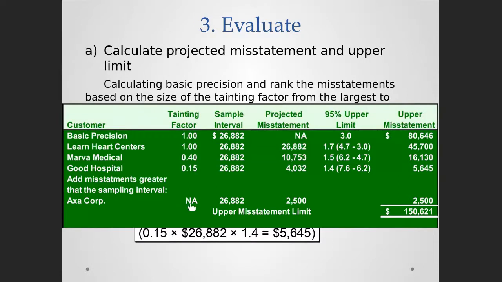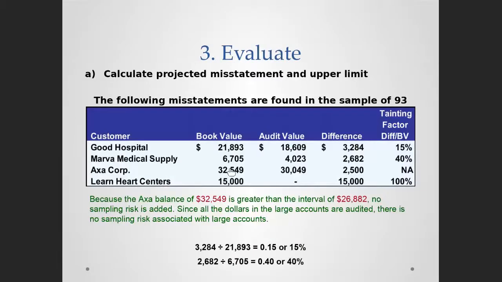This AXA Corporation, because the number is greater than the sampling interval right here, this 32,549, we don't have to go through all of those calculations. No projection is needed because we can use the actual difference, because all the numbers in that category, the high numbers higher than the sampling interval, were selected in the sample and we verified all of them.